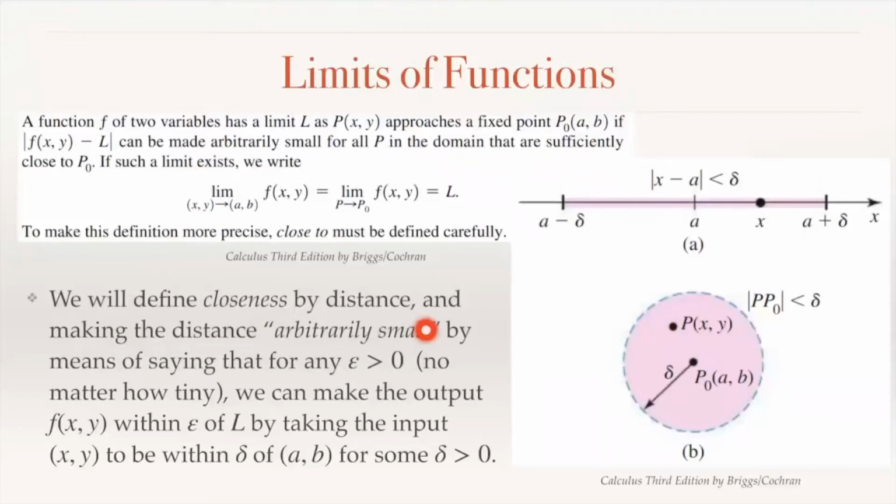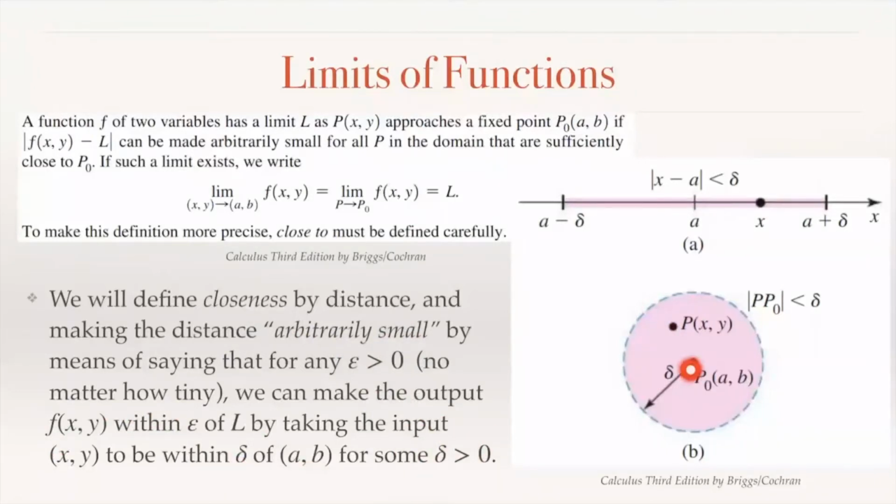So we define closeness by distance, and more precisely, by making the distance arbitrarily small. That means that for any epsilon greater than 0, no matter how tiny, we can make the output f of x,y within epsilon of L by taking the input x,y to be within delta of a,b for some delta greater than 0.